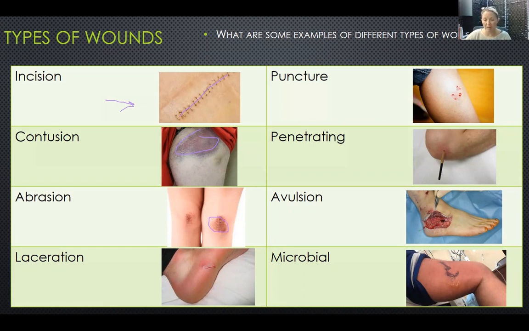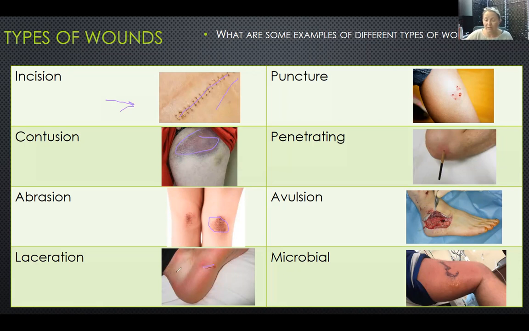Laceration is a tearing of the skin and tissue with an irregular instrument. So an incision would be an instrument that cut across. A laceration is where the skin was torn or cut by an object, and the edges are irregular.